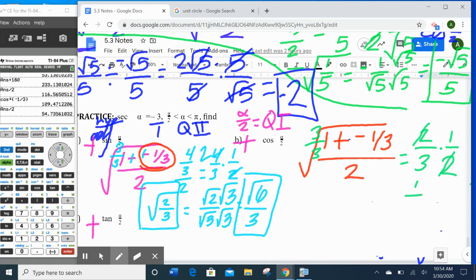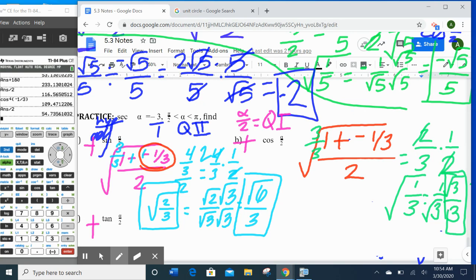So cancel that out and get 1/3. So then it's the square root of 1/3, which is 1 over root 3. So you get root 3 over 3 for the cosine.